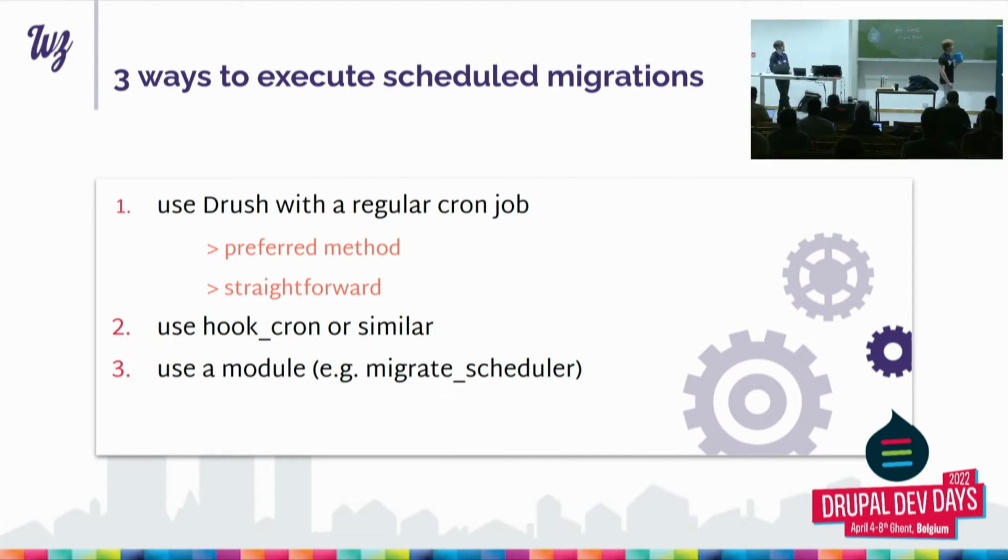You could also use a module, but then you'd have to run into stuff like the PHP max execution time, which you wouldn't if you execute it on the CLI. So yeah, that's pretty much it.